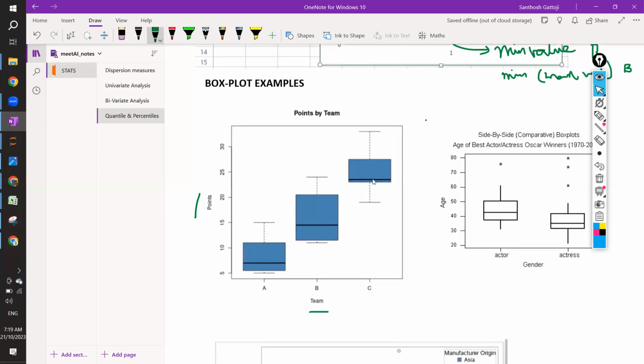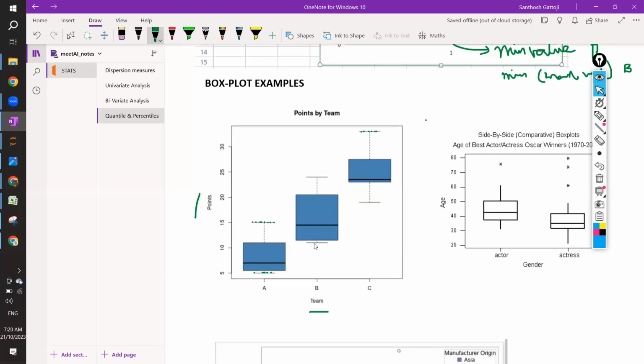Who won this game? C. Correct, because the maximum value of C is 30. Right, and most importantly, there are no outliers. And team A has scored a maximum of just 15, and started at a very low value.